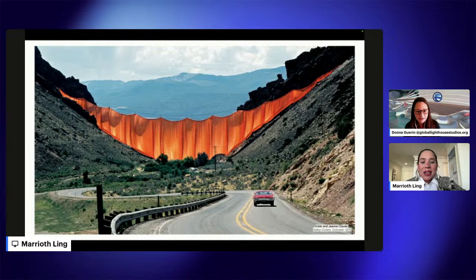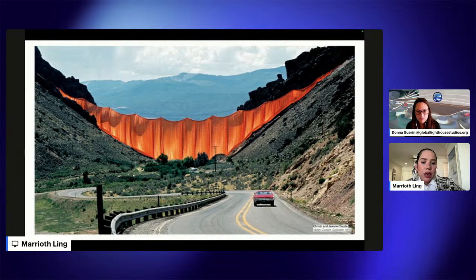Well, this one, the name is Valley Curtain. I don't have a lot of information about this one, except that it was in the middle of the road, but the cars could still pass through the curtain. And like I say, those projects were never staying for a long time. The duration of this installation was possibly around 2 weeks.